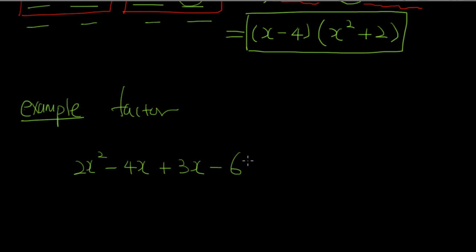Now, you might ask, why don't we combine these two? You know, these are like terms, and definitely you can combine these two. But for the sake of explaining factoring by grouping, let's not combine these two. Let's leave it as it is.